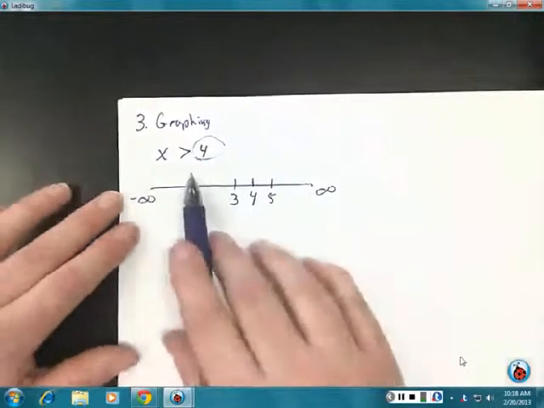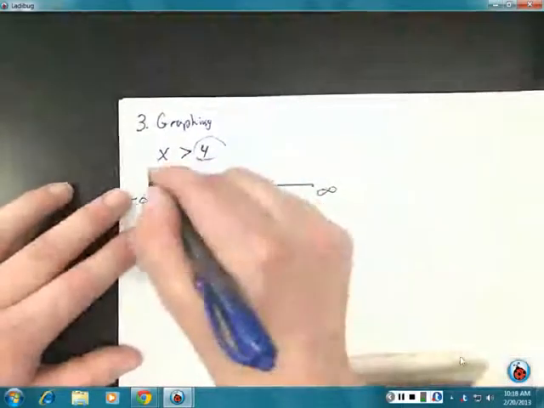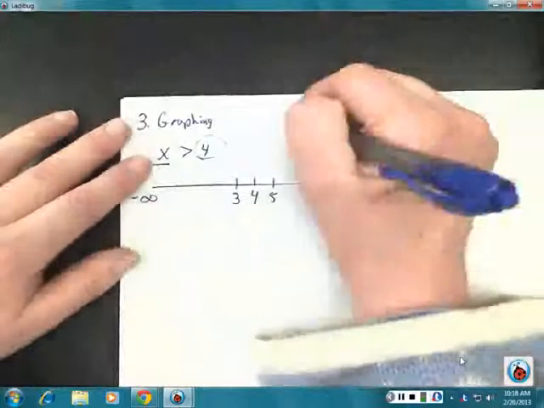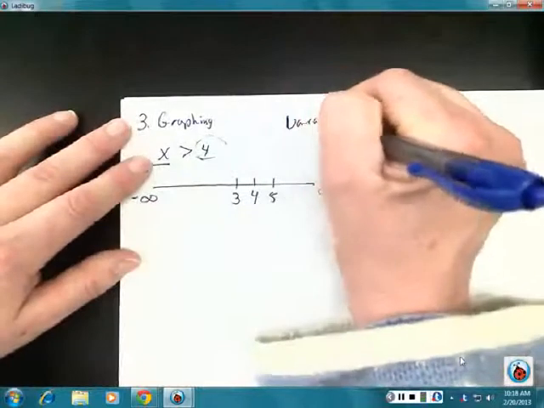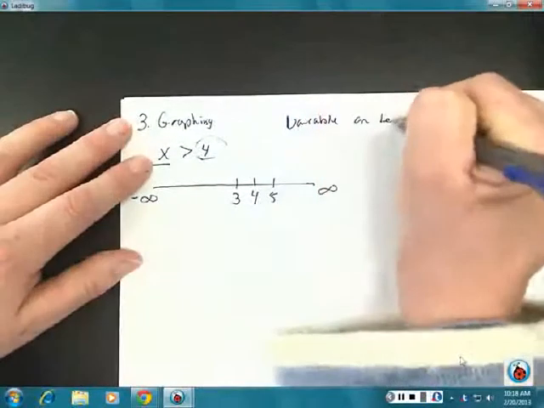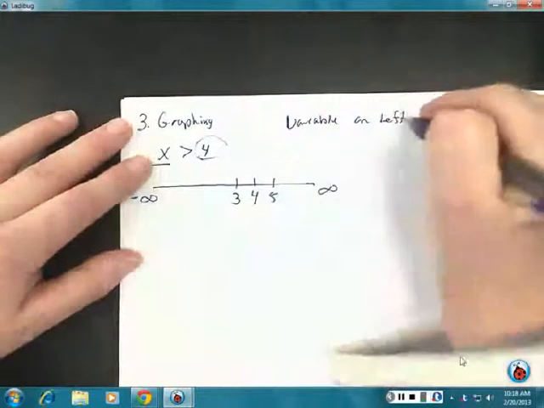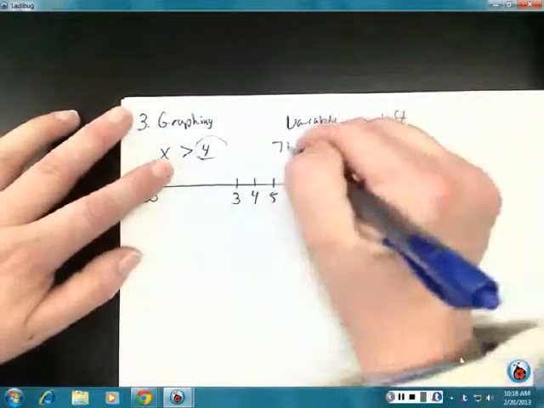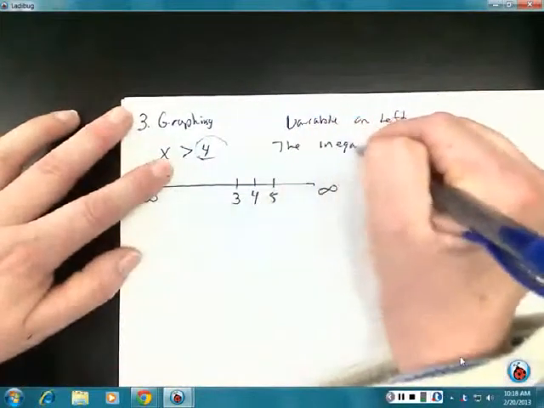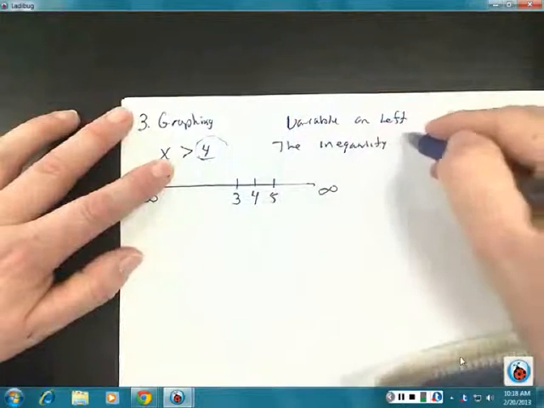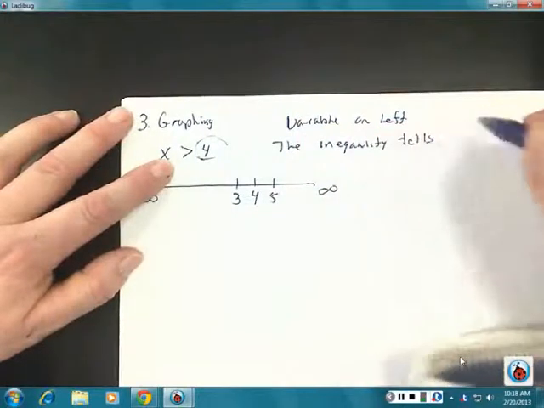So what does this tell me? It tells me that if the variable is on the left, the inequality tells the direction on the number line.